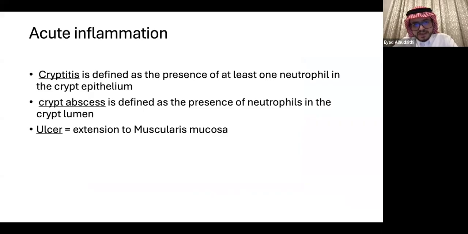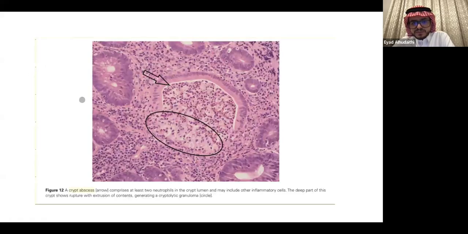So lastly, acute inflammation. We have two important terms: cryptitis, crypt abscesses, or ulcer. Cryptitis is the presence of at least one neutrophil in the crypt epithelium, while crypt abscess is the presence of neutrophils in the lumen, and ulcer, as we said, is its extension to the muscularis mucosa.